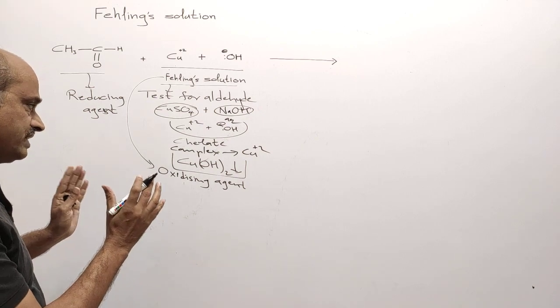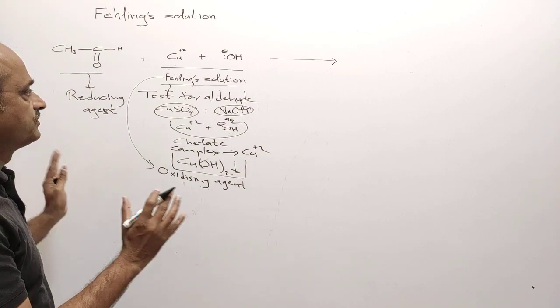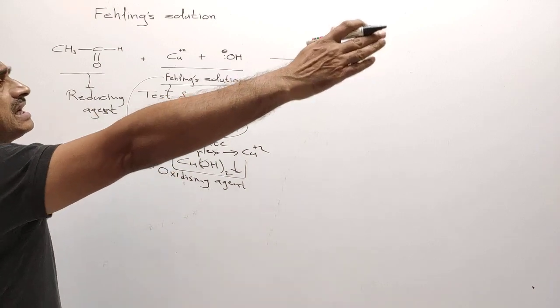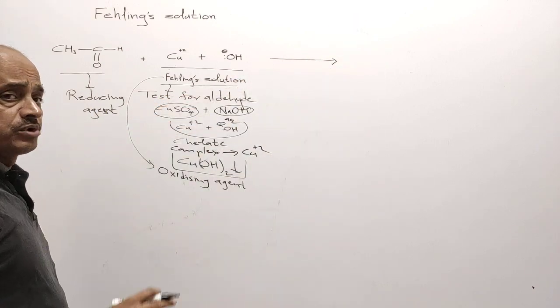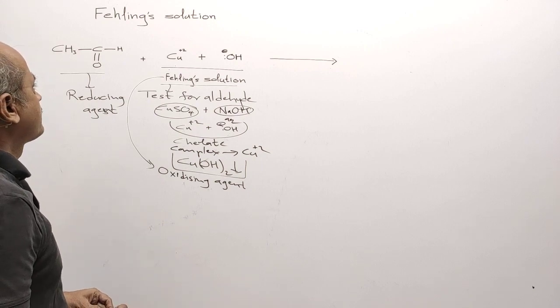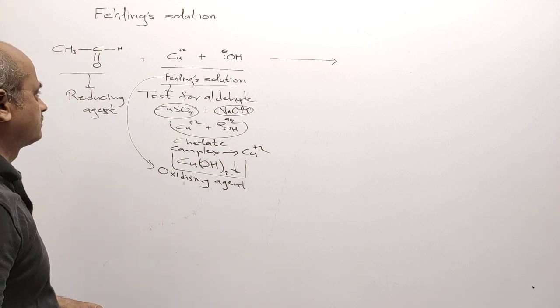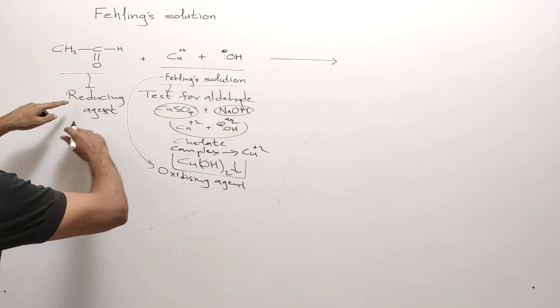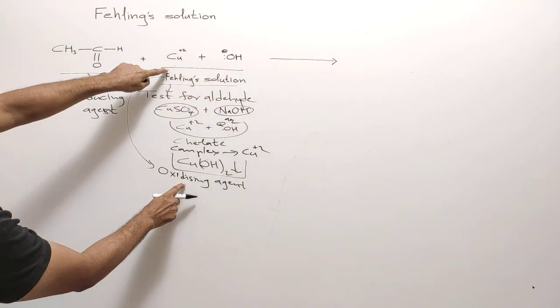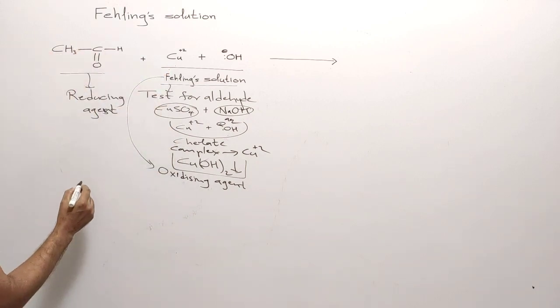So what basic chemistry, what fundamentals we should know, so that the balanced reaction becomes easy for us, is a proper way to learn chemistry, not just memorization. So the aldehyde is a reducing agent, meaning it will reduce Fehling solution, and Fehling solution will oxidize aldehydes.